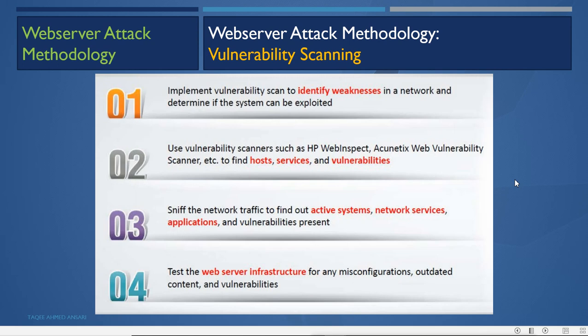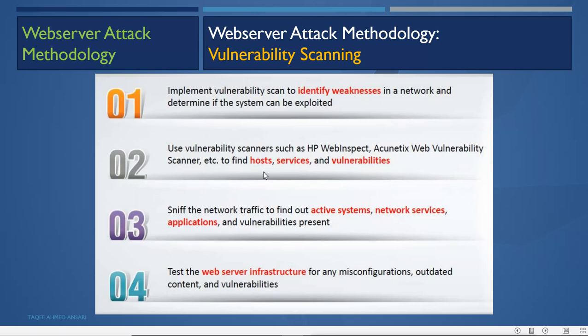Then after getting all the information, the next step is to find vulnerabilities. By using the vulnerability scanning method, the attacker implements a vulnerability scan to identify weaknesses in the network and determine if the system can be exploited.